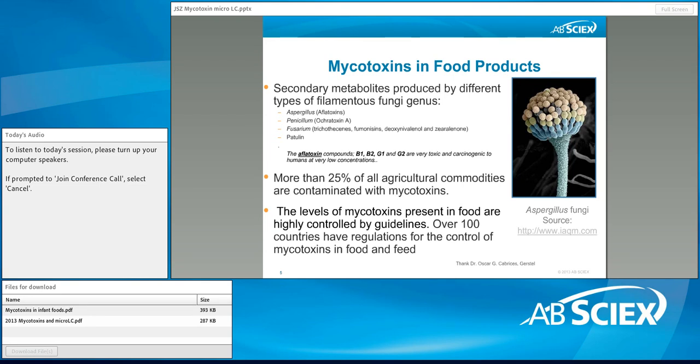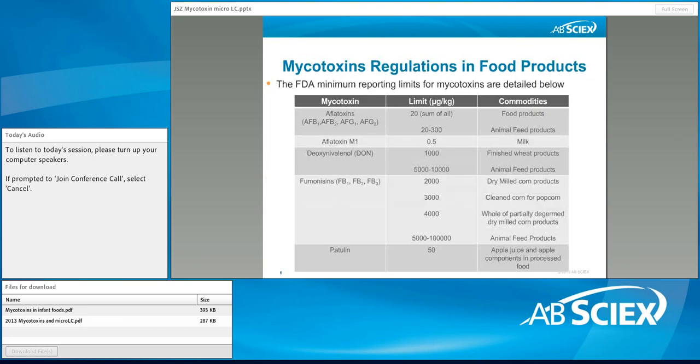now we know that over 100 countries have regulations to control mycotoxins in both food and feed. And the levels of mycotoxins present in food are normally highly controlled by different kinds of guidelines. Here is just one example of this kind of regulation.